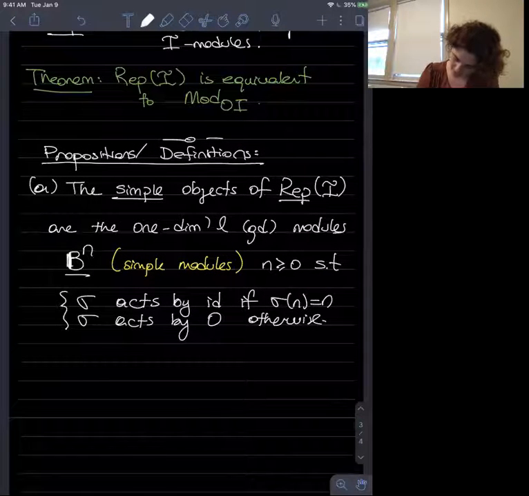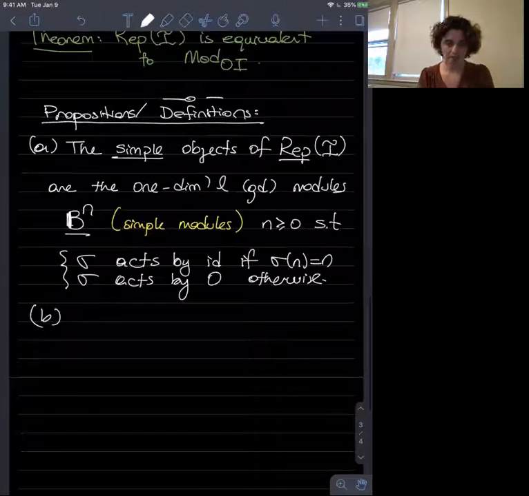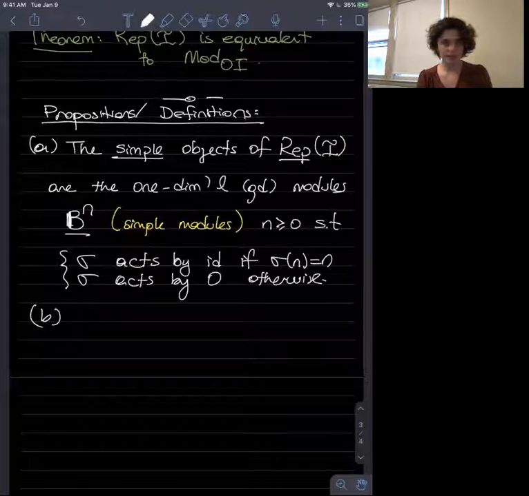Okay? And the second definition and proposition, this time I'd like to emphasize the graded version.